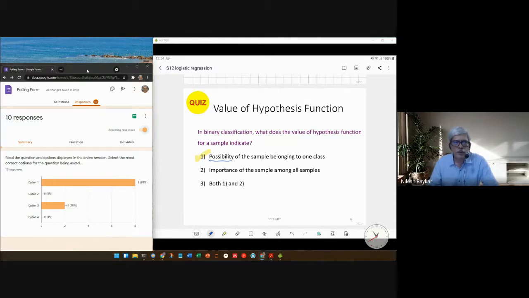So that is the answer. It has nothing to do with the importance of the sample among all the samples, and it doesn't say anything about the quality of the particular sample. It just predicts whether that sample belongs to class 1 or class 2. So in that sense this option is wrong, and obviously the third one is wrong because of that.